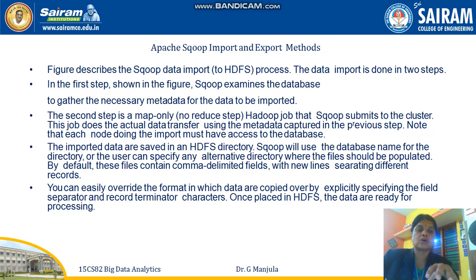So it is like an algorithm: step 1 is evaluating, that is examining, and step 2 is the actual data transfer of whatever you examined and collected. Note that each node doing the input must have access to the database, that is the permissions. This is the execution of Sqoop.